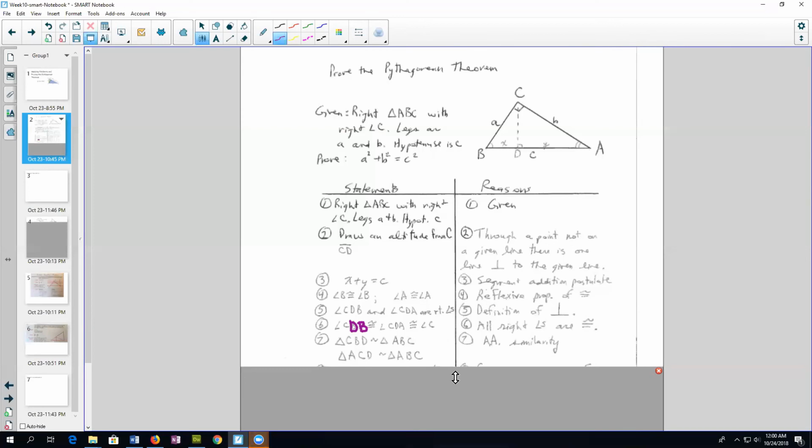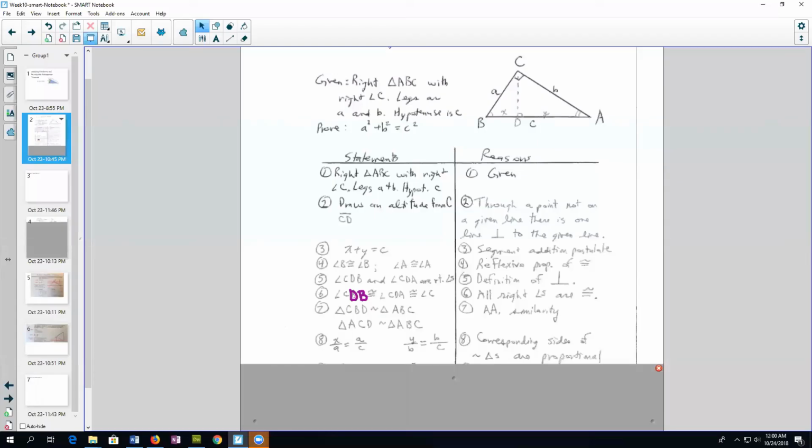So now I can set up my proportion. I'm going to be using the letter a twice. In one case, I'm going to be using the letter a because it is the hypotenuse of the left-hand triangle. And I'm also going to be using the letter a because it's the short leg of the large triangle.